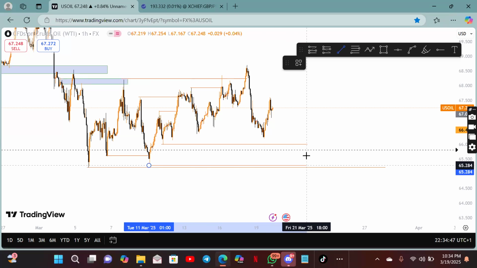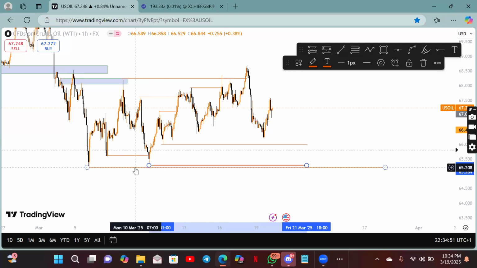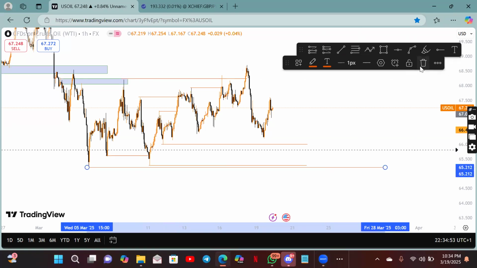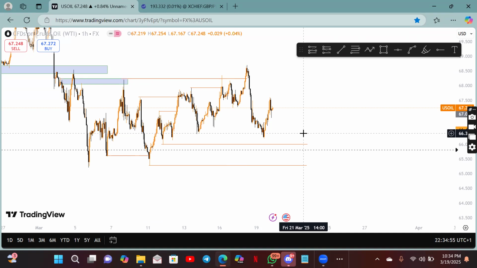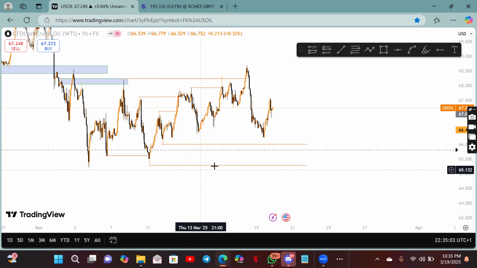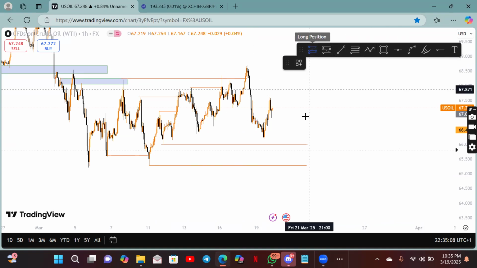It gives you this move. So this weak low now becomes your protected low, and your trade begins here. You're expecting trades from here.